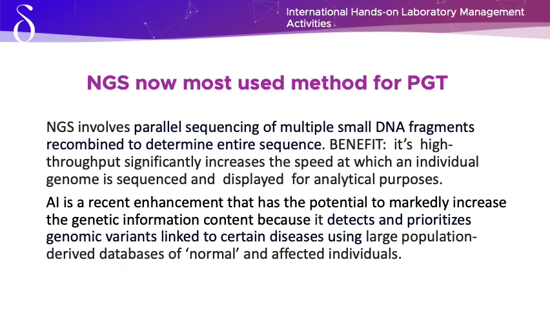Now recently, artificial intelligence has been applied as an enhancement that has the potential to markedly increase genetic information content, because it detects and prioritizes genomic variants linked to certain diseases that are obtained from large databases using large populations of normal and affected individuals.